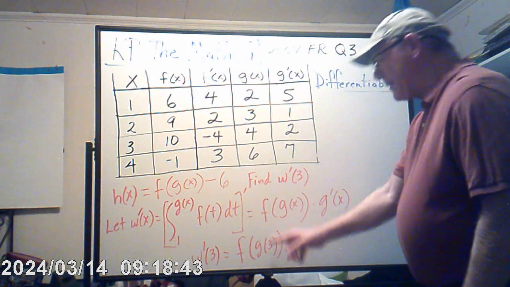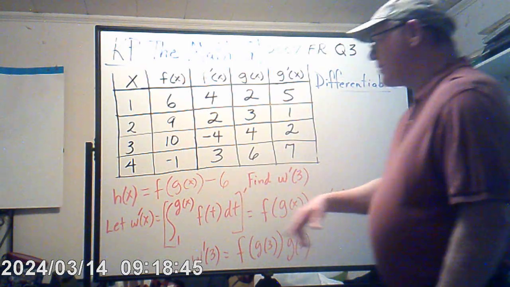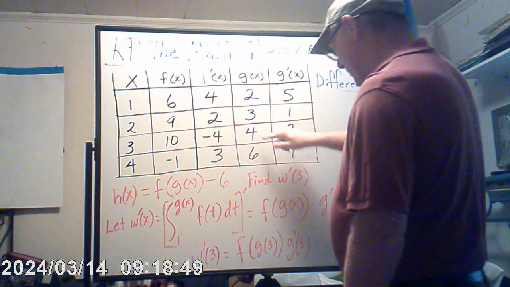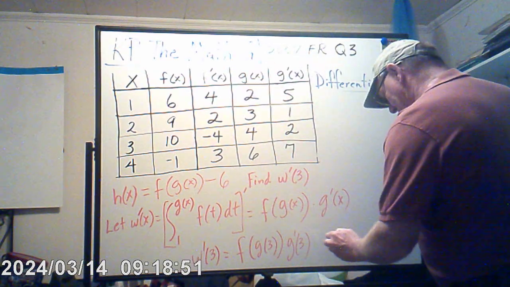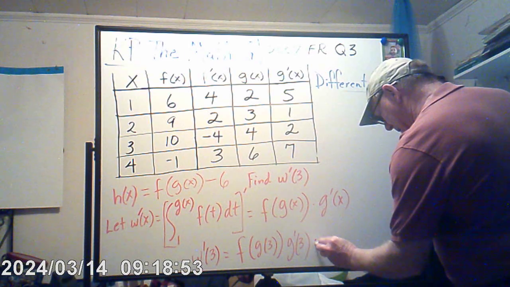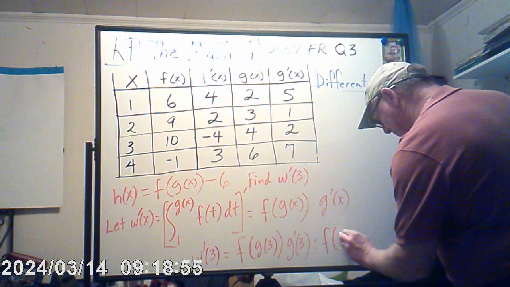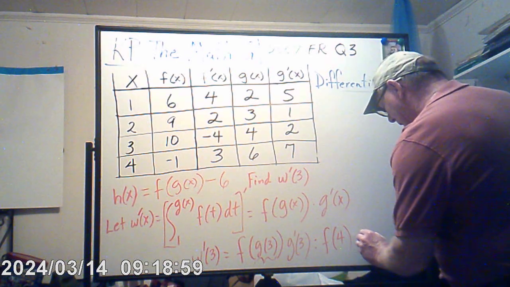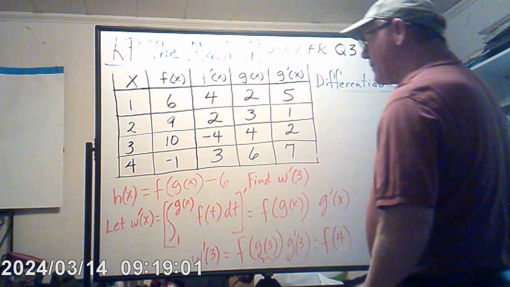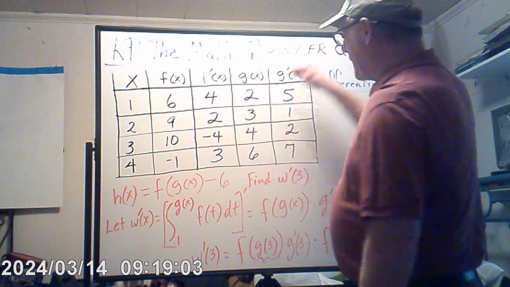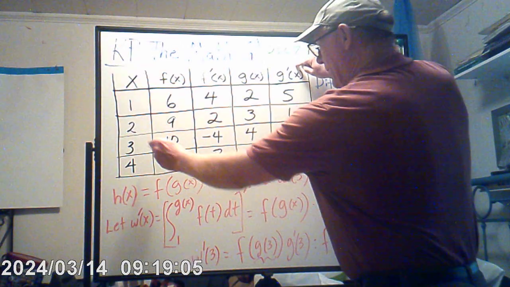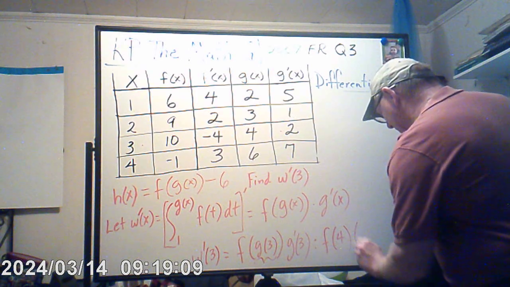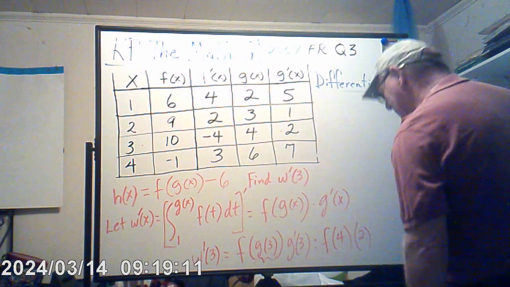I know what G at 3 is. G at 3 is 4. So we're looking at F at 4. That's what G at 3 is. Now G prime at 3, let's get that answer. G prime at 3 is 2. Alright, so F at 4 times 2.